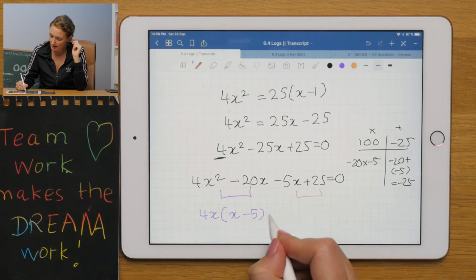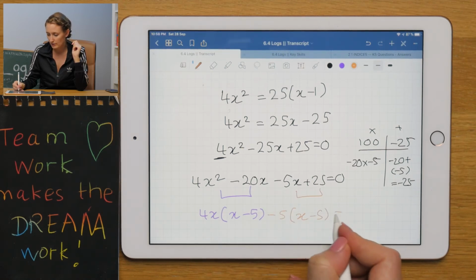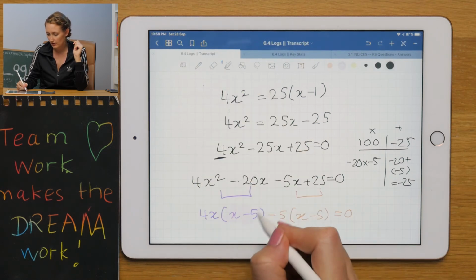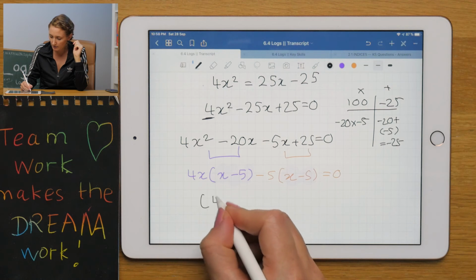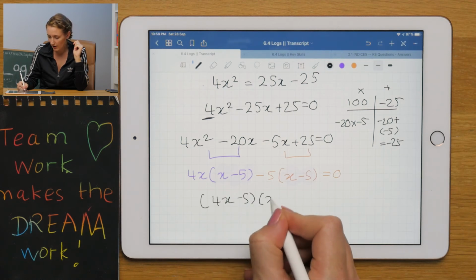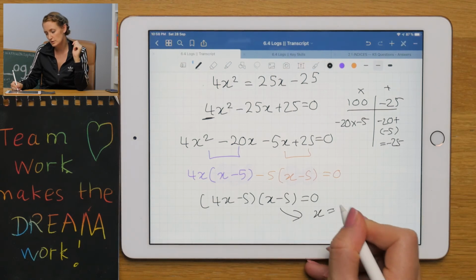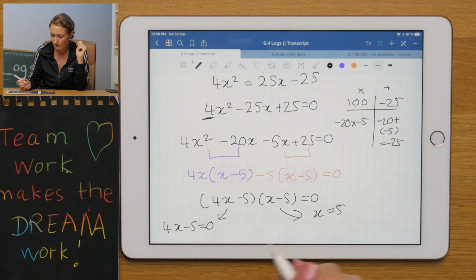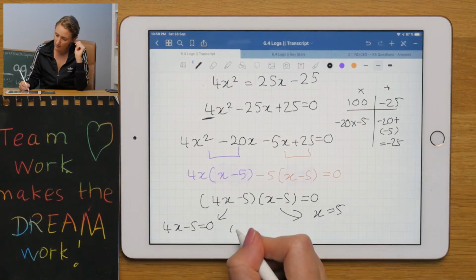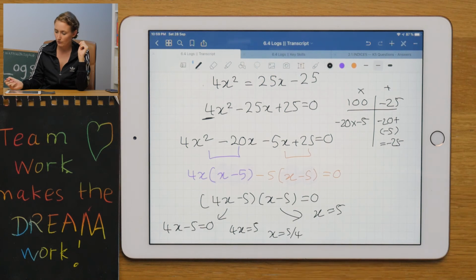From these two, I can take out minus 5. That would also be x minus 5. If you guys have done this method correctly, these two will always be the same. Then you get 2 brackets, 4x minus 5, x minus 5 equals 0. This is going to give us 2 solutions, x equals 5 and 4x minus 5 equals 0. Let's solve that one. 4x equals 5, x equals 5 over 4.